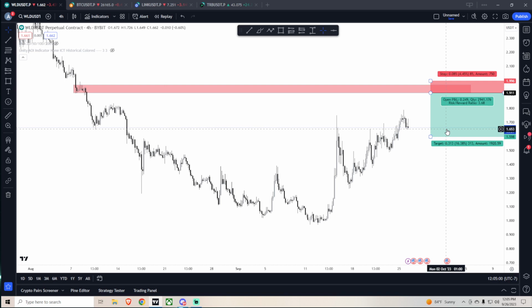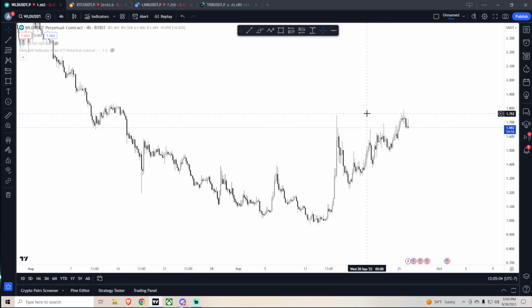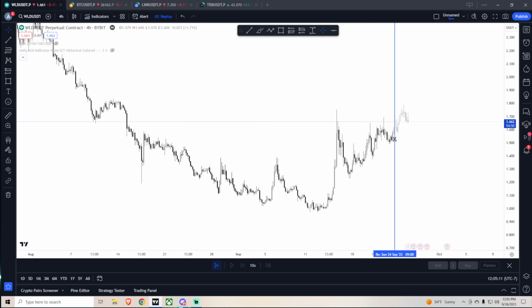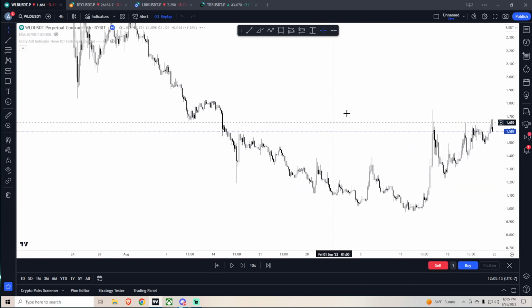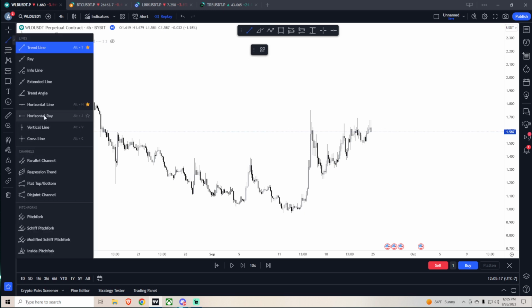And then we have the confirmation of swing failures, which we're going to go back in time. So let's go to here. Okay, so we see that this is the swing high.